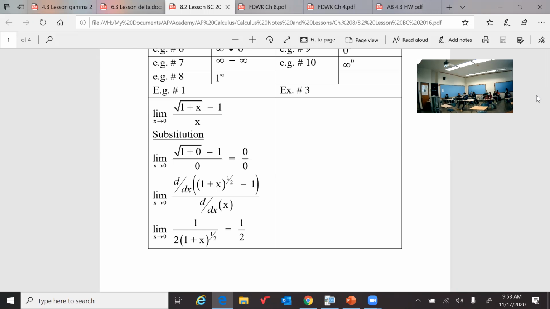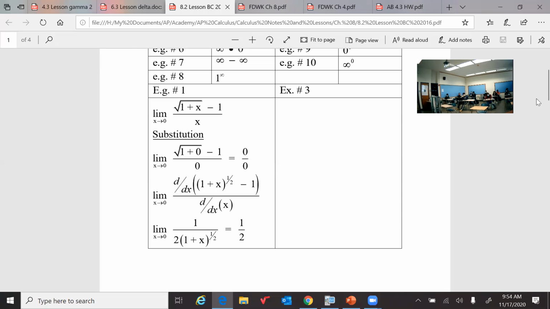And you get, right, the derivative, 1/2 u to the negative 1/2 times du. The derivative of what's inside there is 1. So you would get 1/2 times this amount in the denominator. This thing is 1. Now you put 0 here, you would get 1/2, which is telling you what? That as x goes to 0, this graph is trying to get to 1/2.